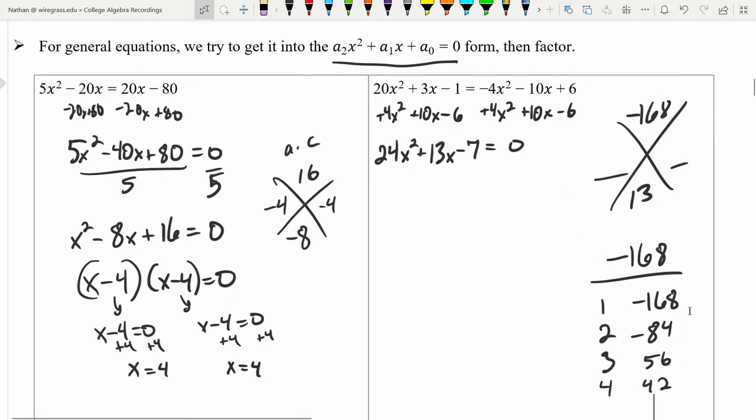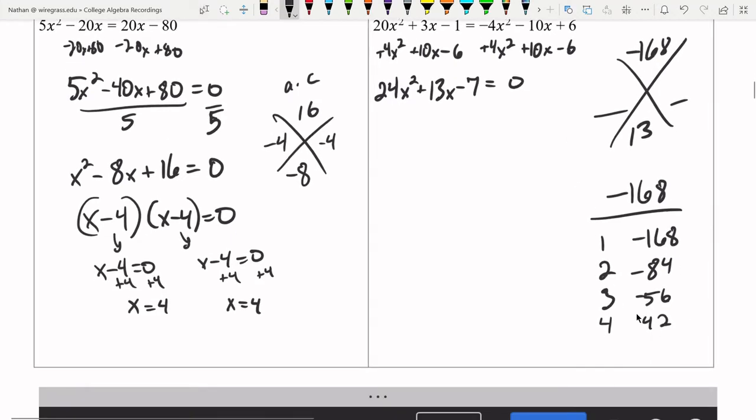Still too far apart. We want only 13 from this. So let's try... 5 can't. Let's try 6. 6 is closer, but not quite. I'm going to try 8. 8 and negative 21. If I add these up, I'm going to get negative 13, I believe.